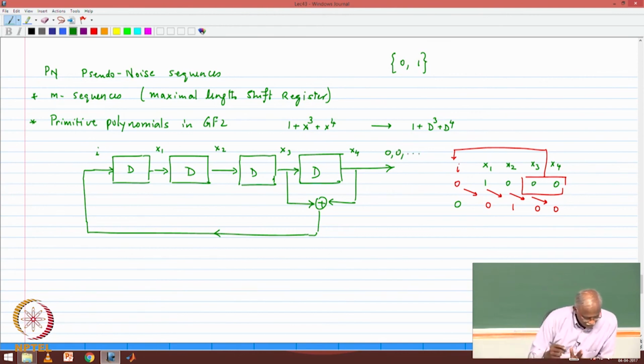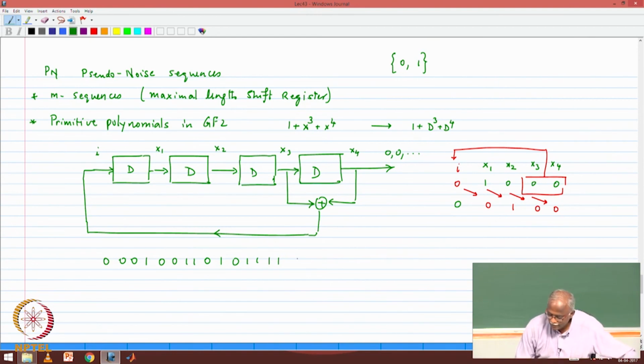So that we won't spend too much time on this, when you get a chance please go through and write down this sequence. What you will find is that the output sequence will be 0, 0, 0, 1, 0, 0, 1, 0, 0, 1, 1, 0, 1, 0, 1, 1, 1, 1.